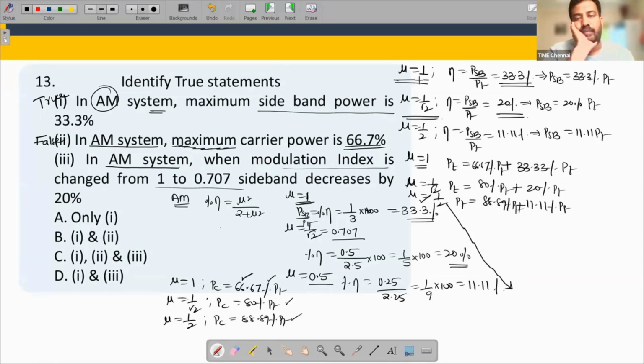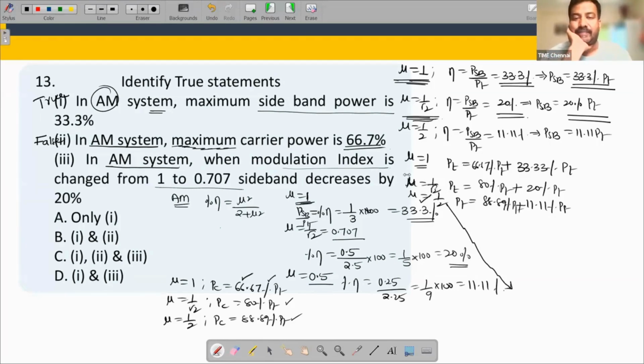When I move from mu equal to 1 to mu equal to 0.707, at mu is 1, it is 33.3%. At mu is 1 by root 2, it is 20%. Correct.